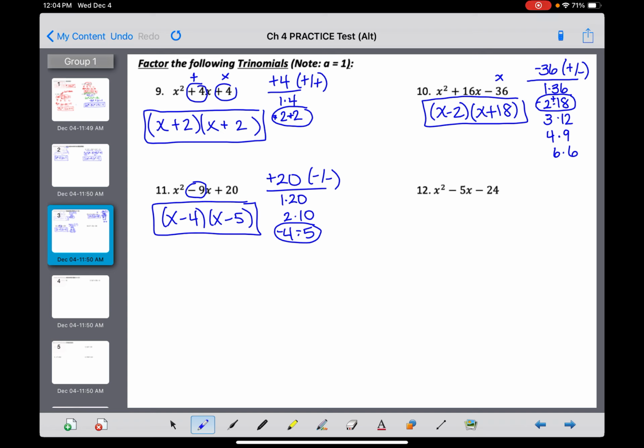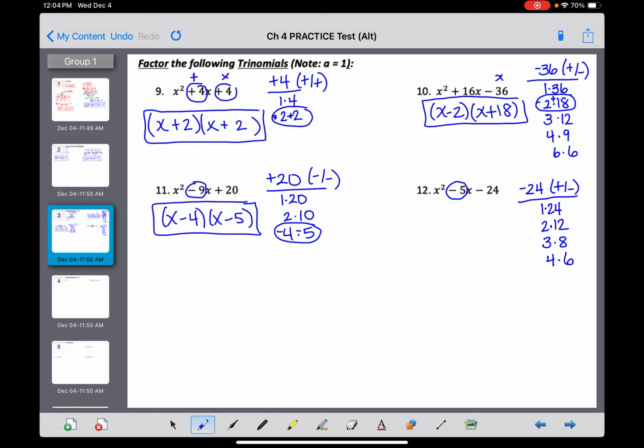Finally, number 12. I want my two numbers to multiply to make negative 24, so a plus minus pair again because it's a negative. And ways to make 24: 1 times 24, 2 times 12, 3 times 8, and 4 times 6. And I want my pair to add to make a negative 5.